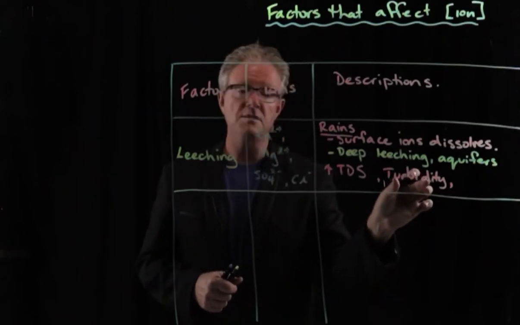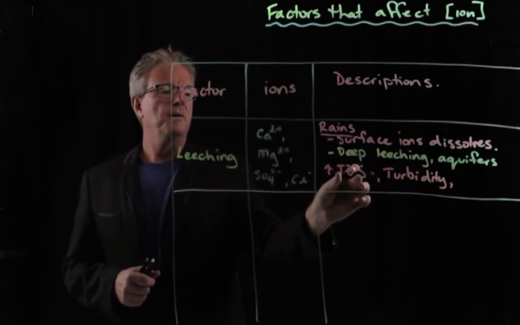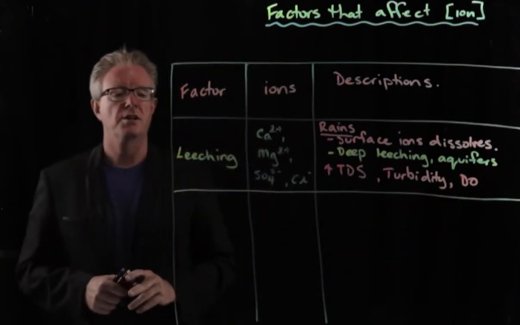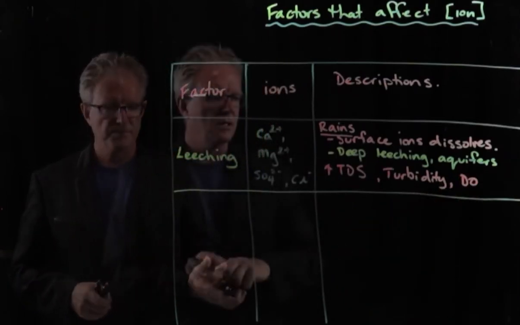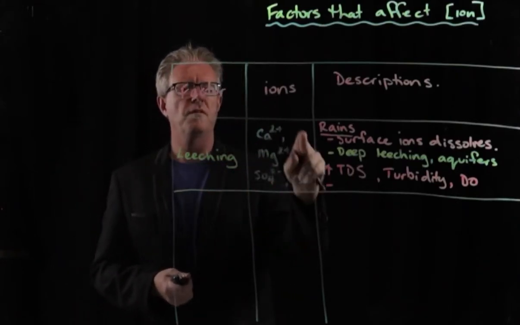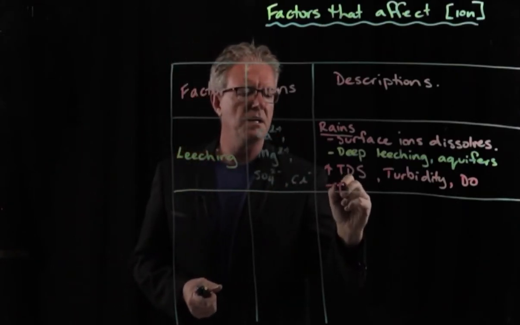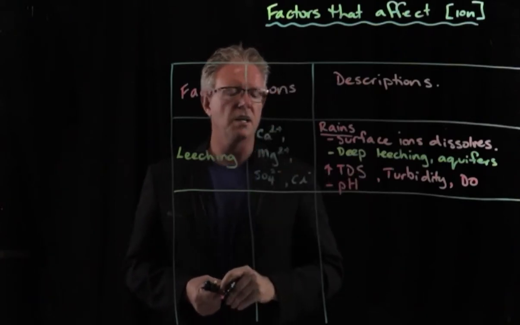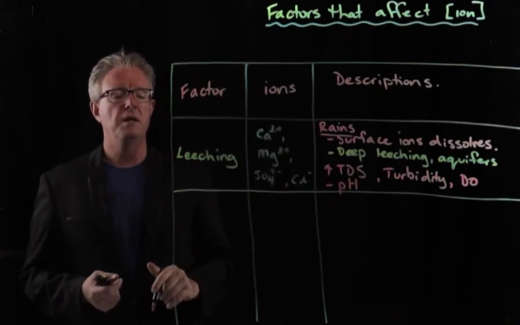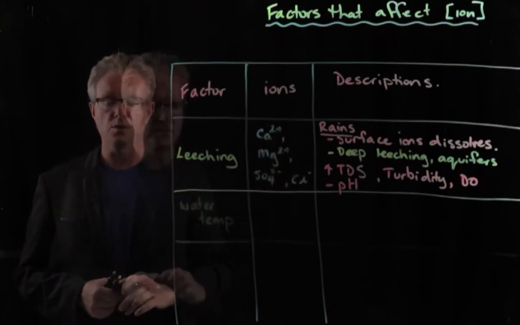Well, as we've discussed, if you increase turbidity and total dissolved solids, that's going to affect your dissolved oxygen. Another thing we can say with this leaching is that, depending upon the ions, it's going to affect the pH of the water as well. So the pH of the water will change when it rains depending upon what ions are affected.